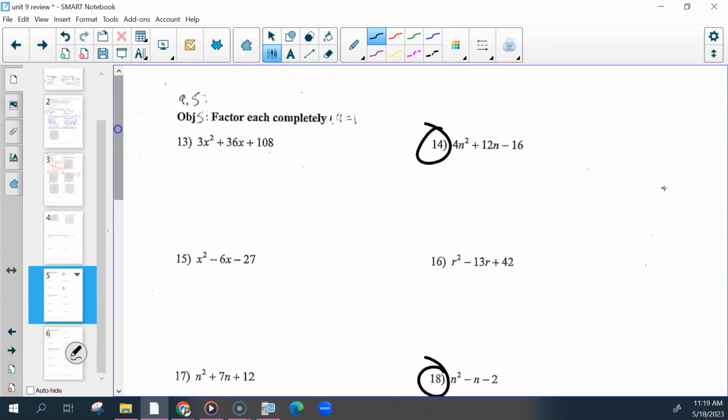Those two, and then that will be like all the different types of problems you'll see in this section.